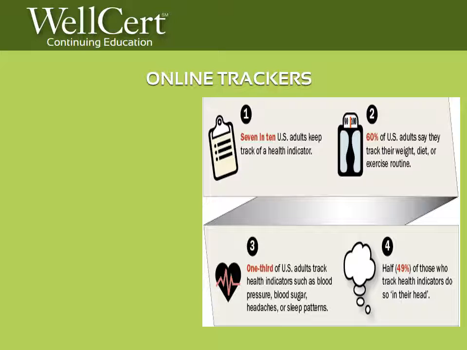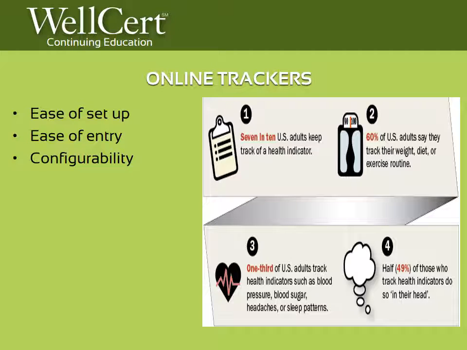So when we come to the online and app trackers, ease of setup is a primary issue, ease of entry of information is a secondary issue, and configurability is a major issue. So those three indicate the Pareto group, the most important items.